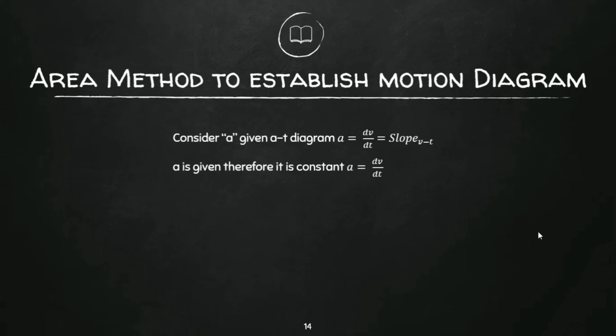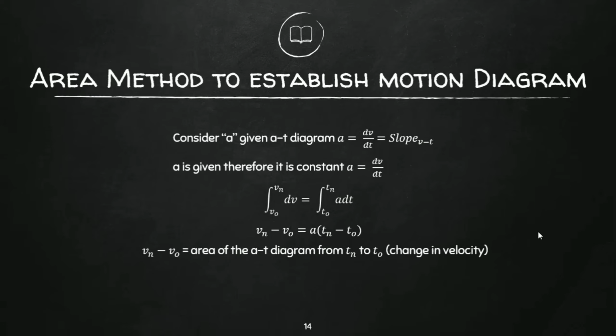If you cross multiply A times dt, you will arrive at dv equals A times dt. Integrating that equation, you will arrive at Vn minus V0 is equal to A times Tn minus T0. This difference between the velocities is equal to the area of the AT diagram from T0 to Tn.